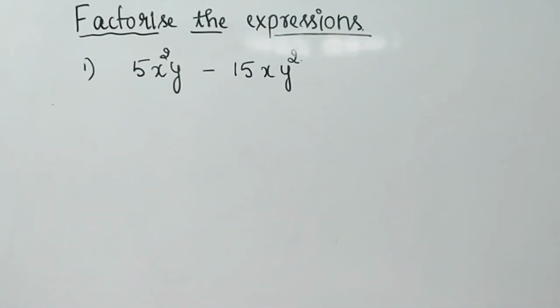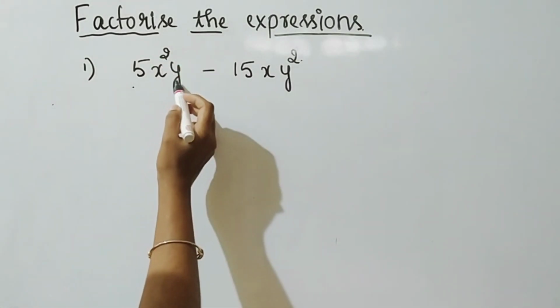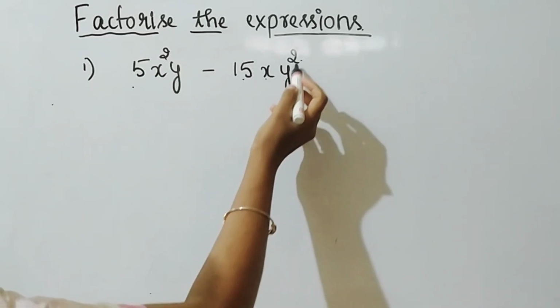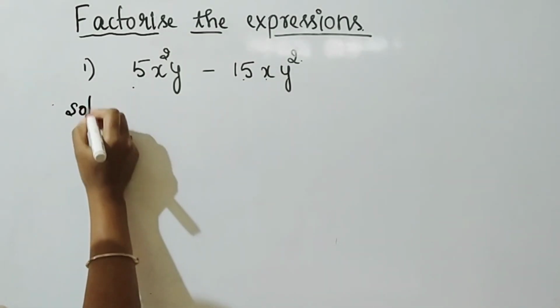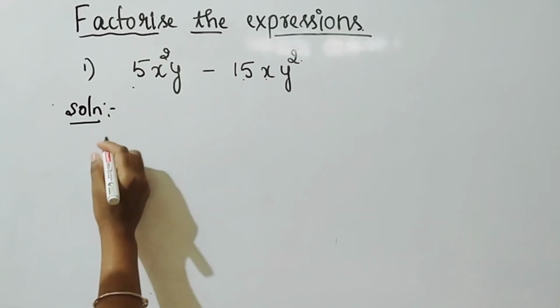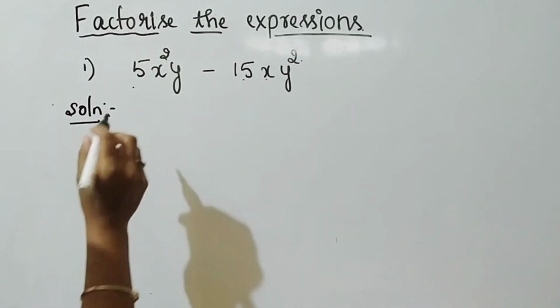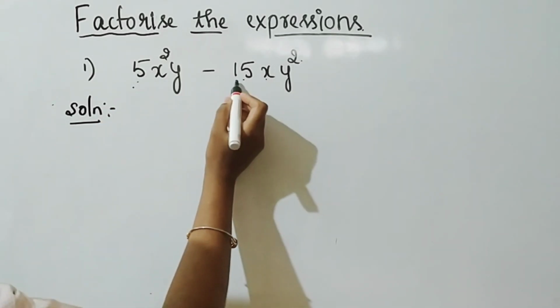Here we have to factorize the expressions. The question is 5x square y minus 15x y square. How to factorize? The solution is like this. Here you check, 5 and 15 are there.